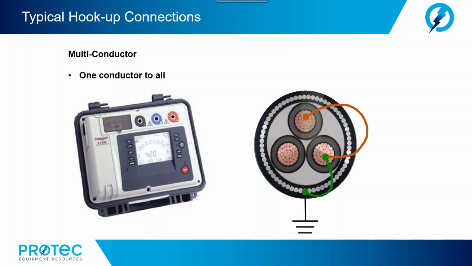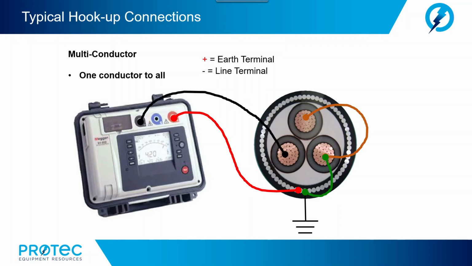We would jumper those conductors to the metallic shield. We would then connect the positive lead to the metallic shield, the negative potential lead to the conductor of interest, and now we are measuring the leakage current of that conductor of interest to all of the other conductive surfaces within that three-core cable.